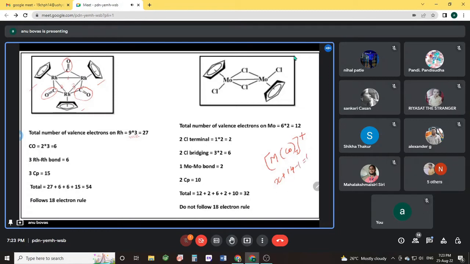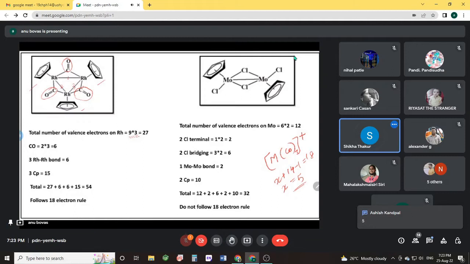So plus sign means subtracting 1, we should get 18 so that the complex is stable. So x will be equal to 5. So what will be x, the value of x? Yeah, correct. x equals 5.